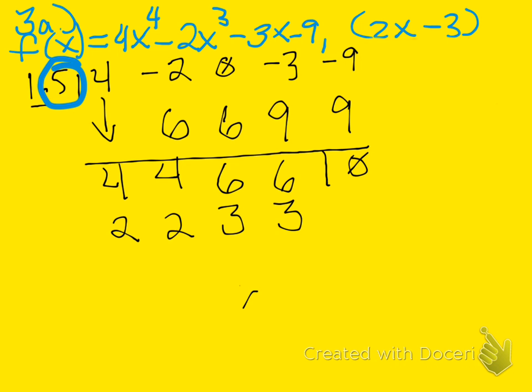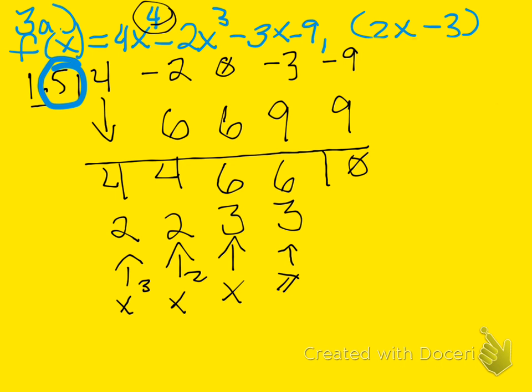Now, I do have the coefficients that I need for my new term. Since I started off with x to the 4th power, I would go down by 1. So this would be my coefficient for x cubed, this will be my coefficient for x squared, for x, and just my constant number.